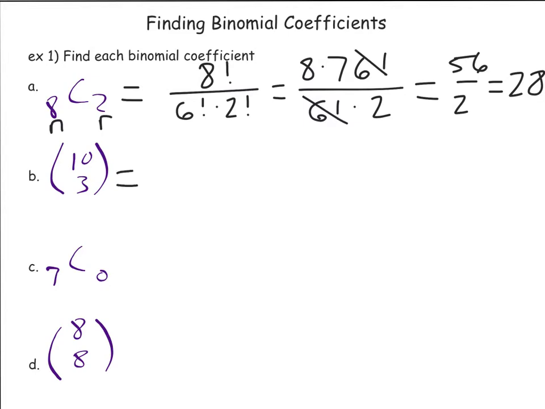Here's 10 choose 3. What's actually going on here with the numbers is this is how many ways, if you had 10 items, you could select 3 of them. We'll get into that more later on. You've probably seen combinations at some point.